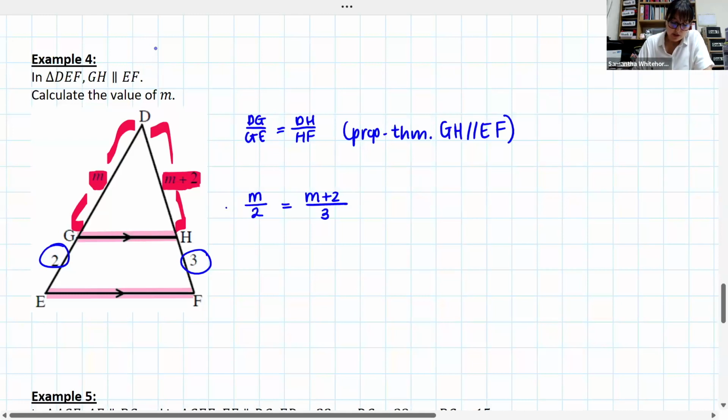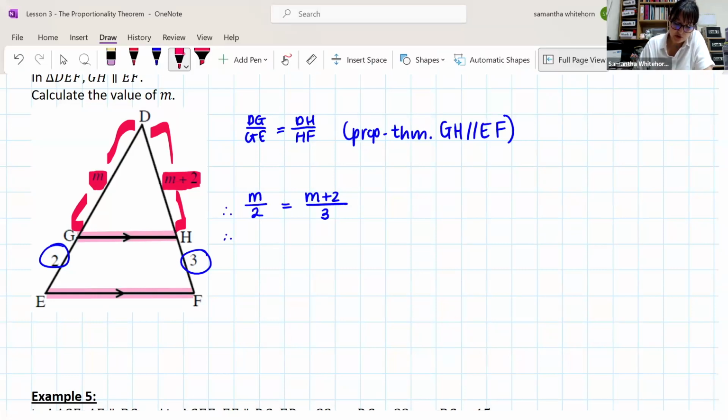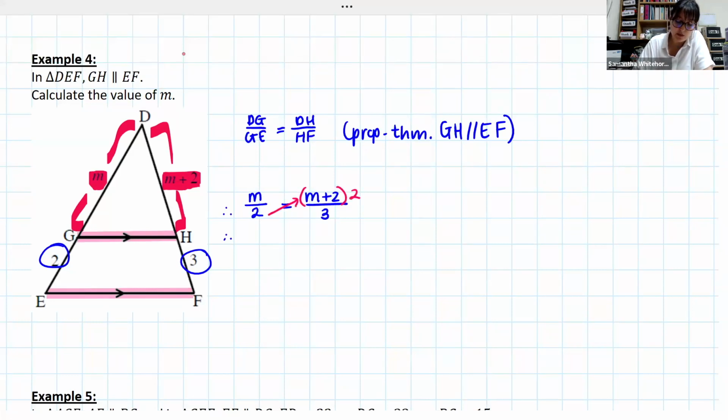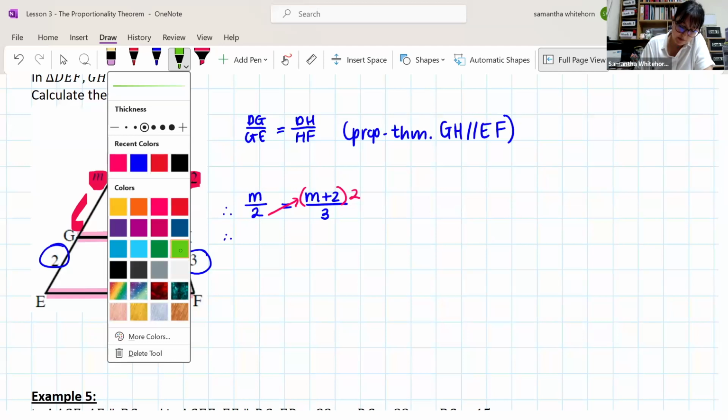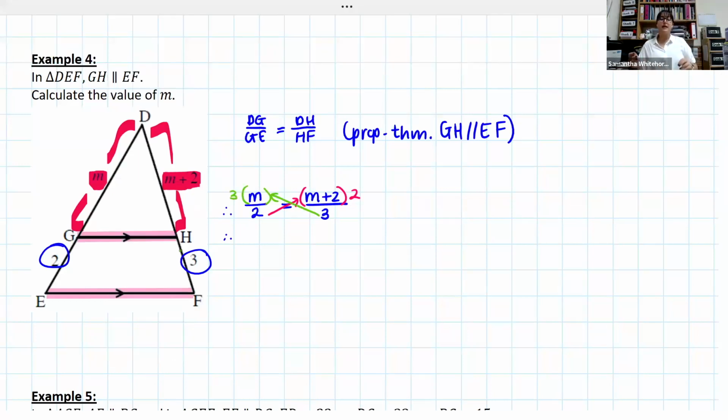Now I've got an equation I can solve. Now, guys, because there's one fraction on either side of your equal sign here, you can just cross multiply. So that means we're going to multiply M plus 2 by 2, and we're going to multiply the M by 3. Cross multiplication in this case, when there's one fraction on either side, is basically a shortcut to finding an LCD.